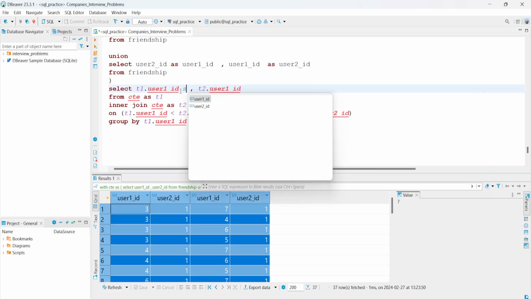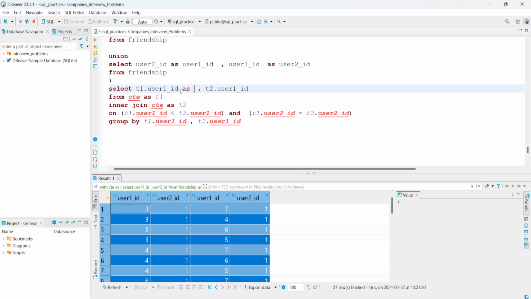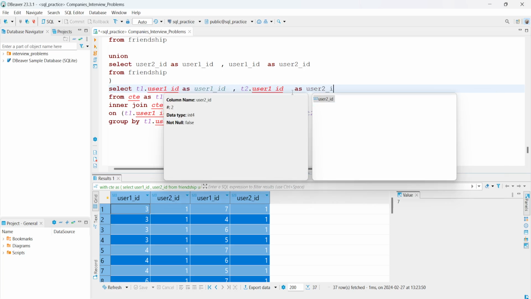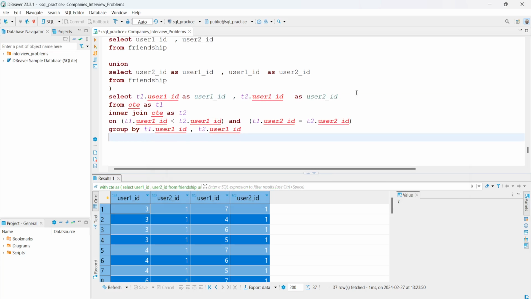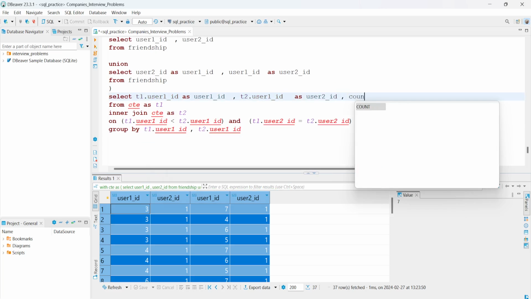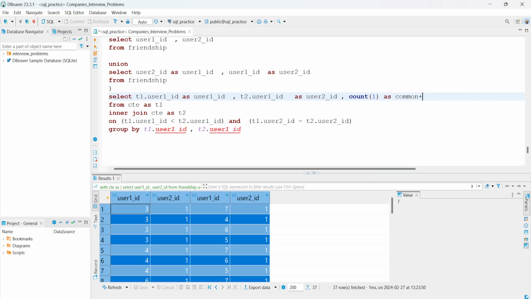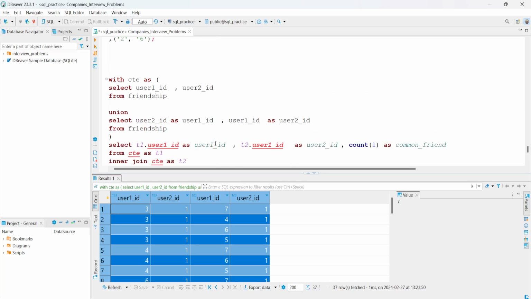And we can alias this as user 1 ID and here as user 2 ID, right? So, and we can find the count. So we will get the common friend basically. Count friend as common, right? So let me run this.